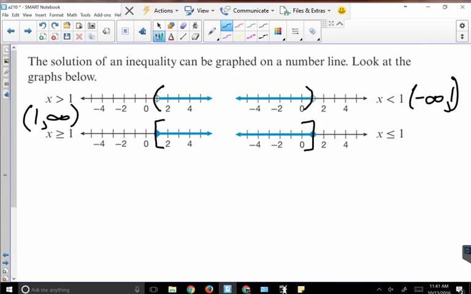These down here, this would be bracket 1, comma, infinity with a parenthesis. Over here you would see it as negative infinity, comma, 1 with a bracket.